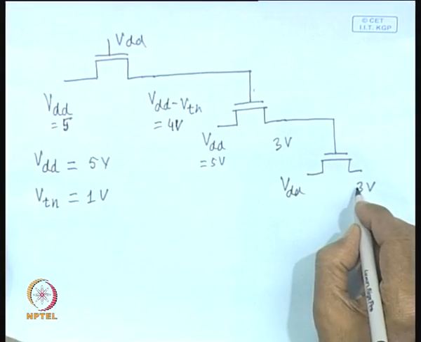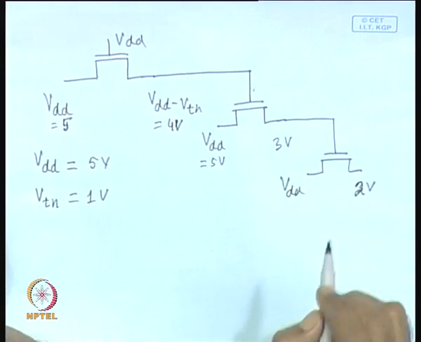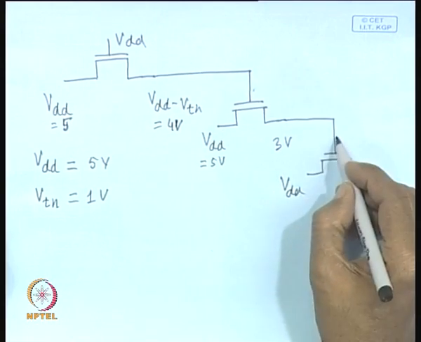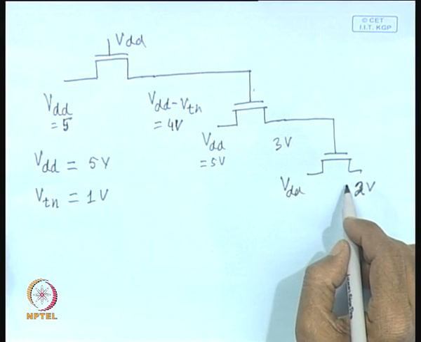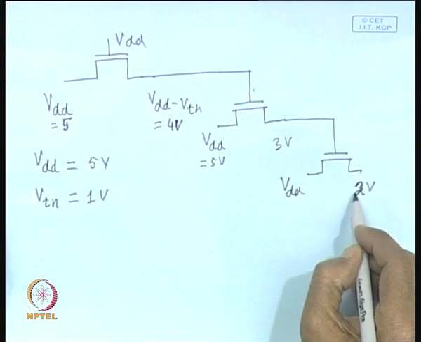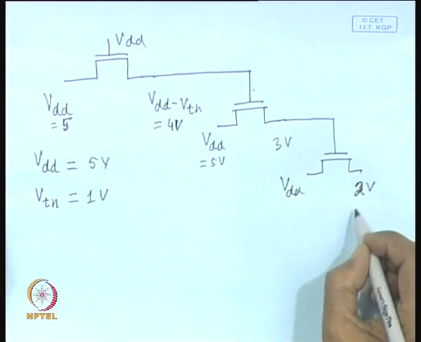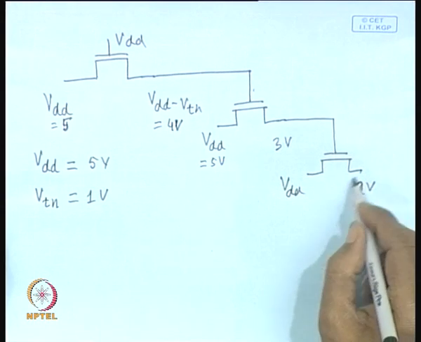So here it will be 2 volt, sorry. So, 4, 3 and 2. It is getting degraded, because if it is 3 volt here, this point cannot charge beyond 2 volt. So, we can see there is severe degradation, and it may so happen that the next stage may not treat this as a high level if we apply it to some gate logic circuit.